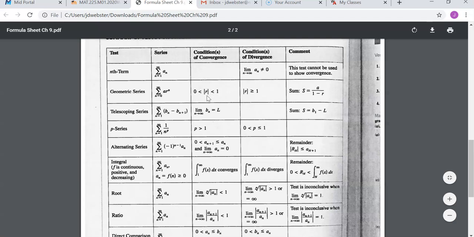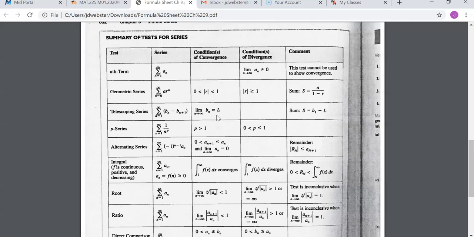I've been saying if r is between -1 and 1. Divergence when the absolute value of r is greater than or equal to 1. And sometimes the comment will tell you, again, this one starts at 0, so be careful of that. The sum of the geometric series is a over 1 minus r when it converges.